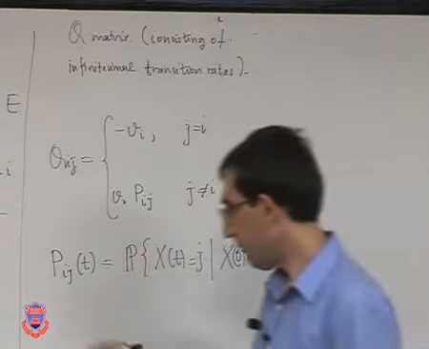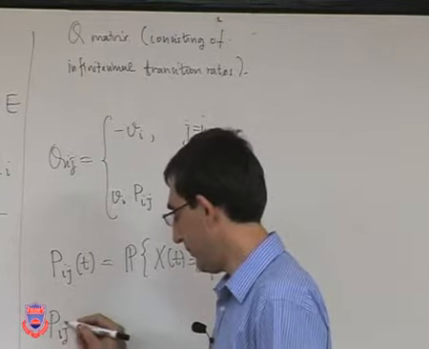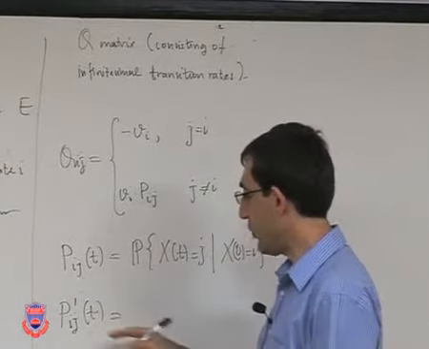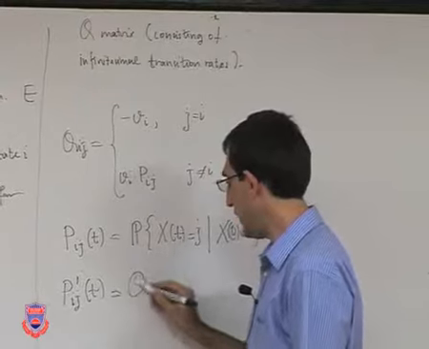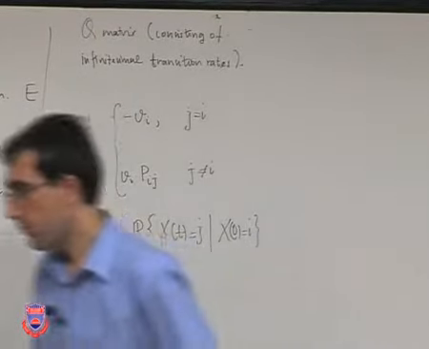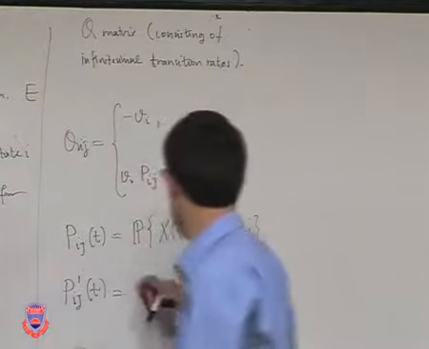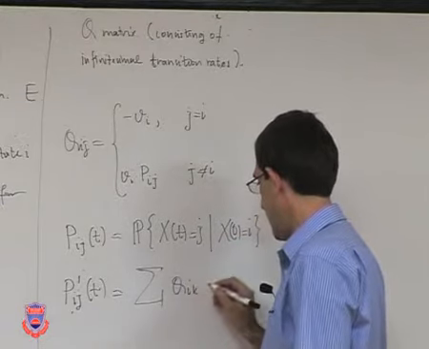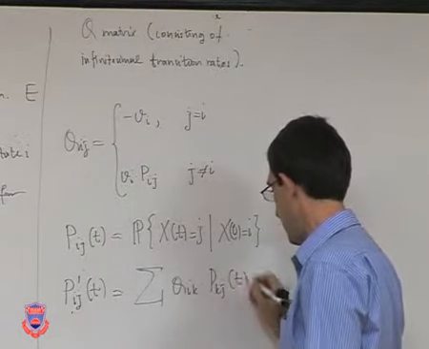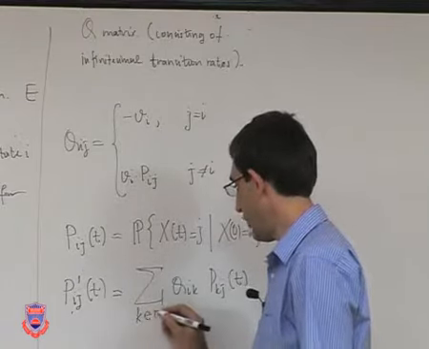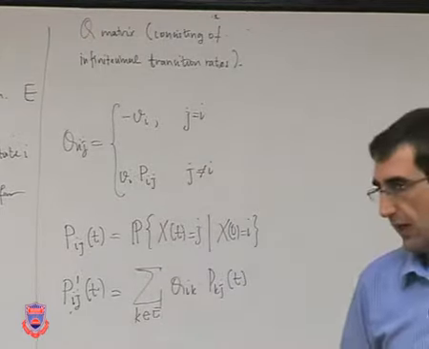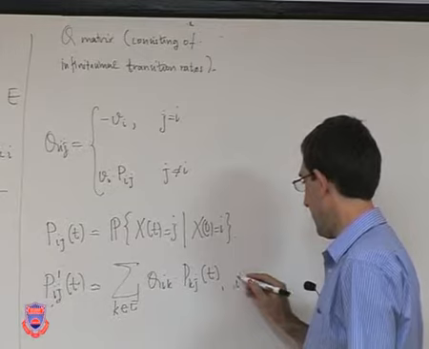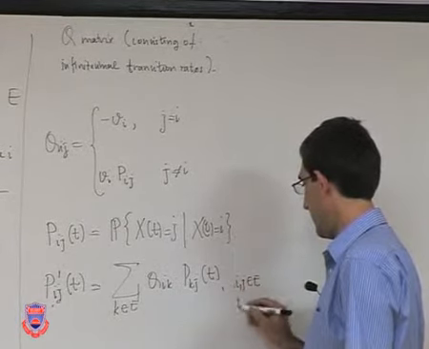Then we showed that the first derivative of this function with respect to t is the sum of Qik times Pkj(t), where the sum is over all states k in the state space. This is true for every i and j in the state space and t.